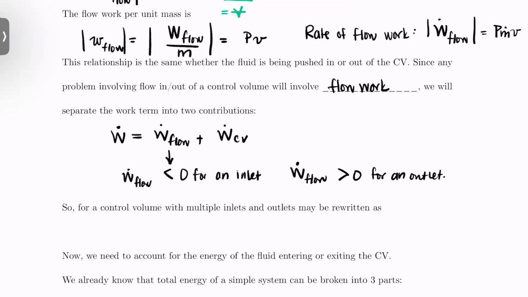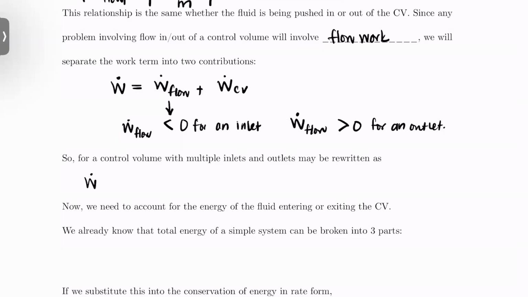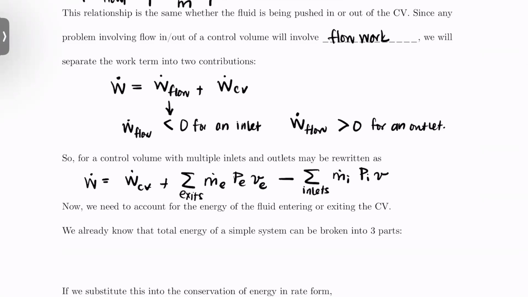So for a control volume with multiple inlets and outlets, we can rewrite our W dot term in the following way. W dot is equal to W dot for the whole CV plus the sum of the flow work for the exits, so m dot e Pe specific volume at e, minus the flow work at the inlets, so m dot i Pi specific volume at i.